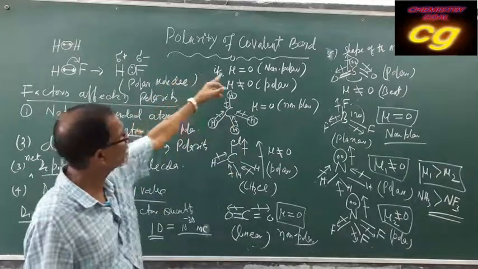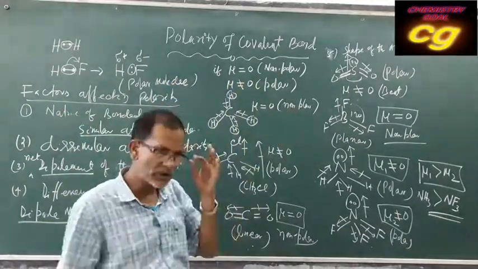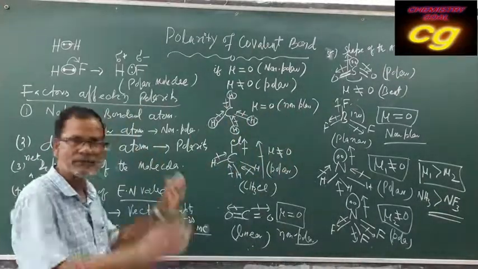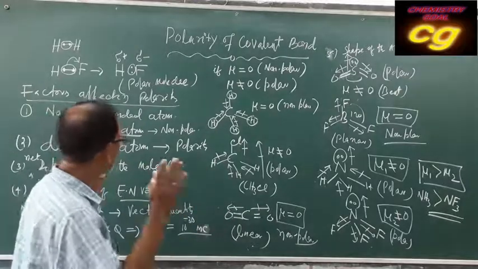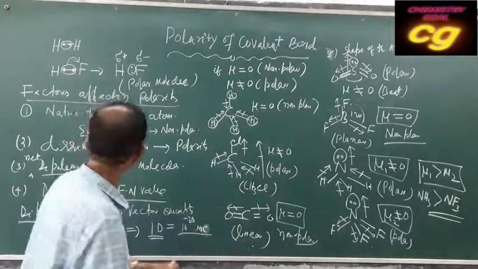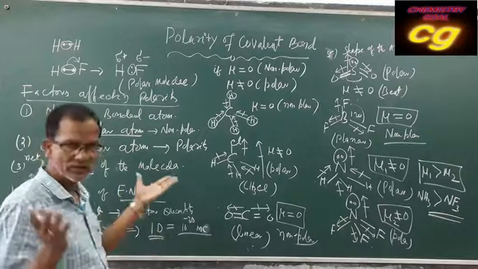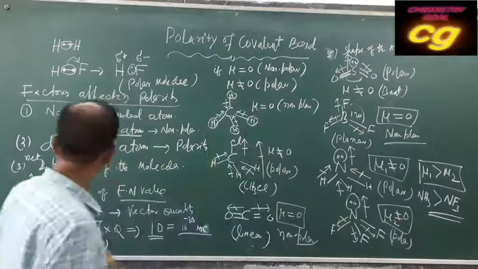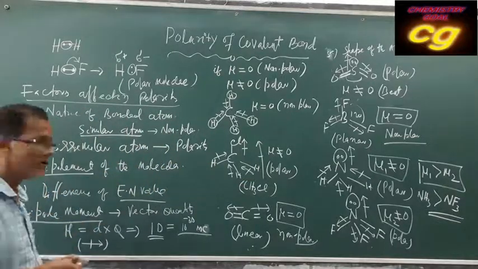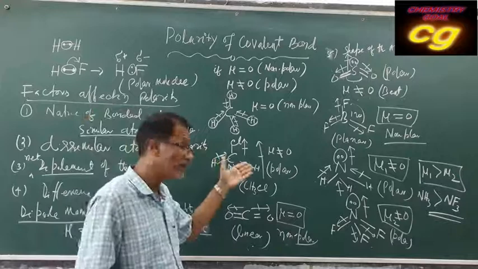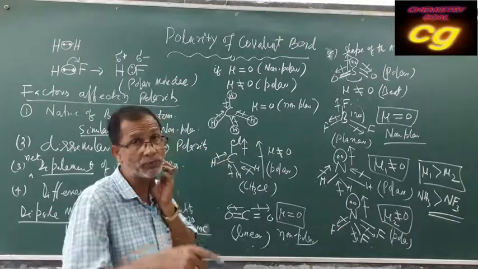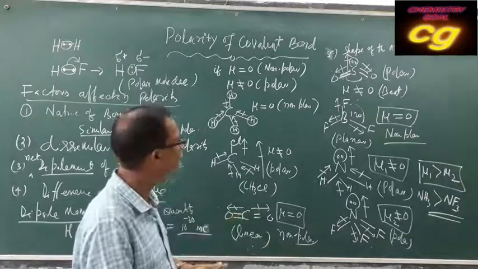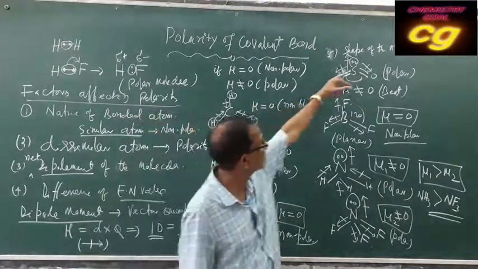So the polarity of a covalent bond and the polar nature of a covalent compound depend upon many factors: whether the bonded atoms are similar or not. If dissimilar, it depends upon the electronegativity difference, and also upon the net dipole moment of the molecule, taking all bonds, and also upon the shape of the molecule.